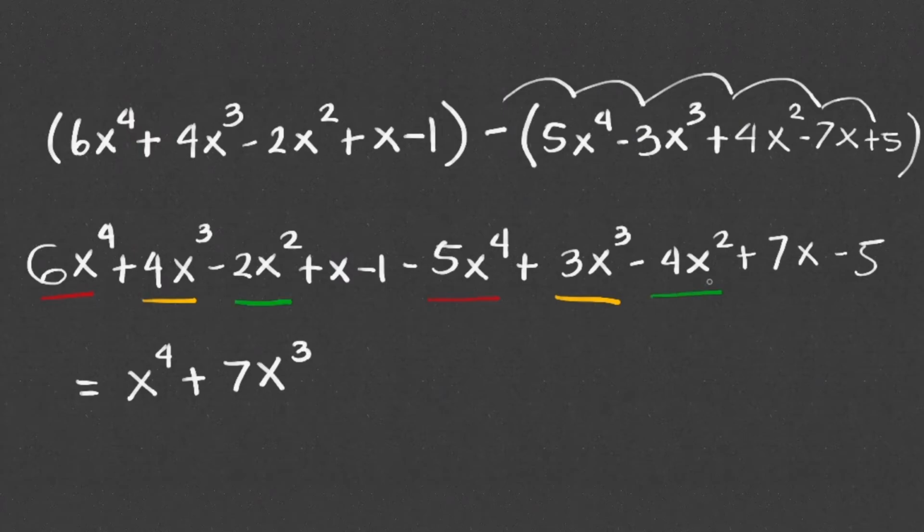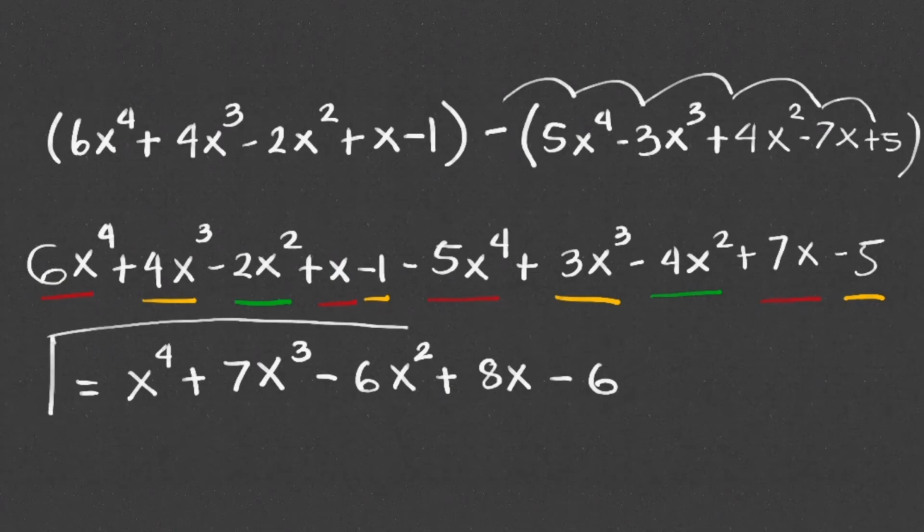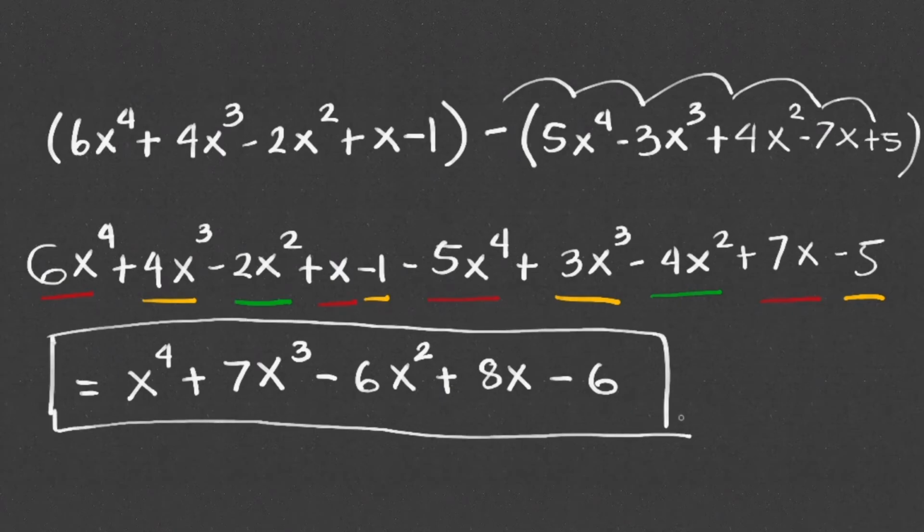Next is negative 2x squared minus 4x squared is equal to negative 6x squared. And the next is x plus 7x is equal to 8x. And negative 1 minus negative 5 is negative 6. And that's the final answer.